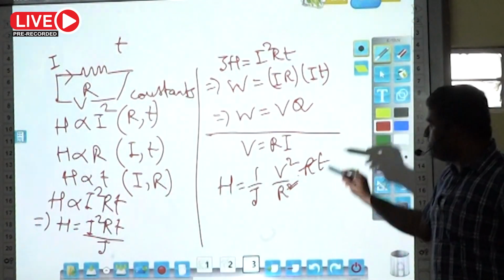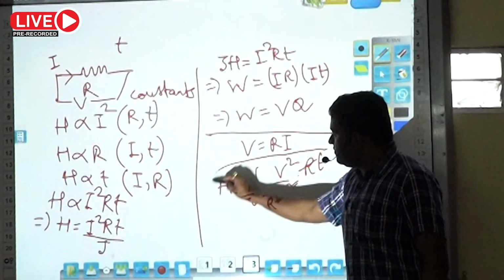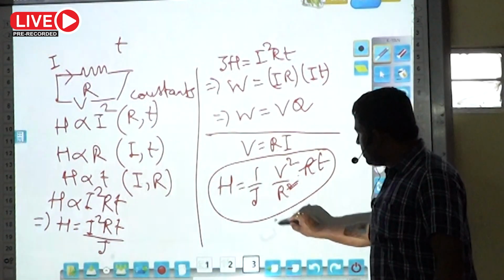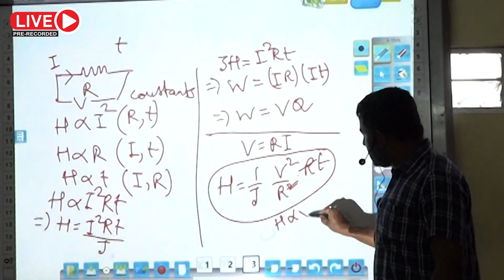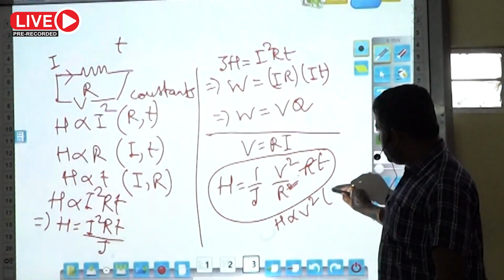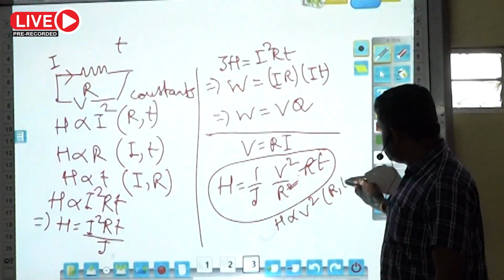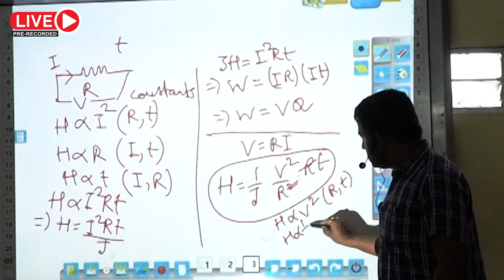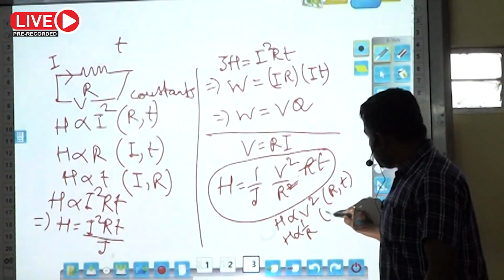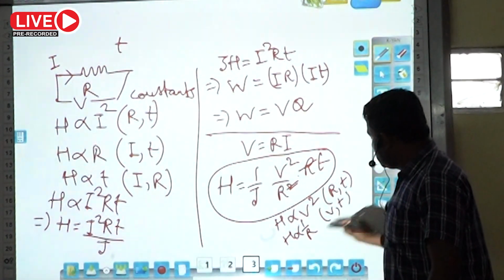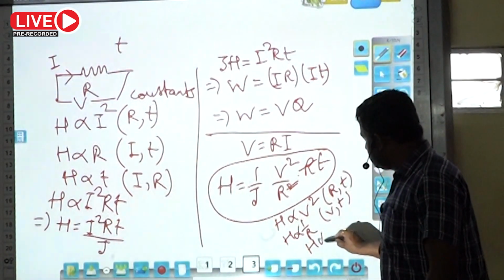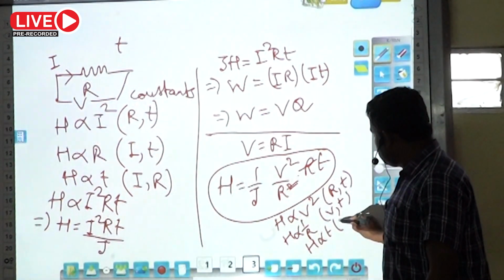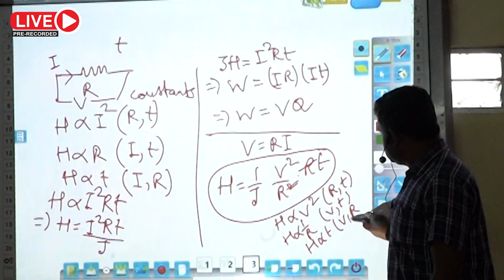Now check from this form, if you try to write Joule's law, you have to write H proportional to V square when R and T are constant, H proportional to 1 by R when V and T are constant, H proportional to T when V and R constant.